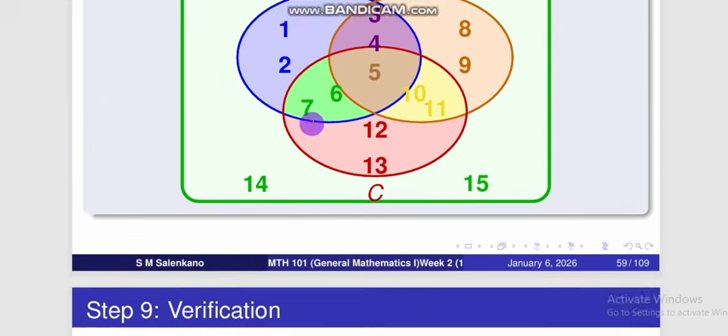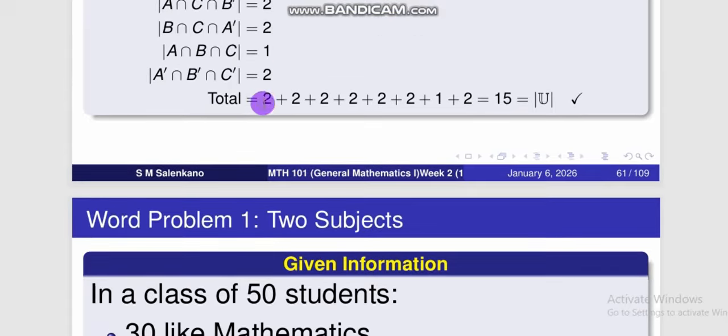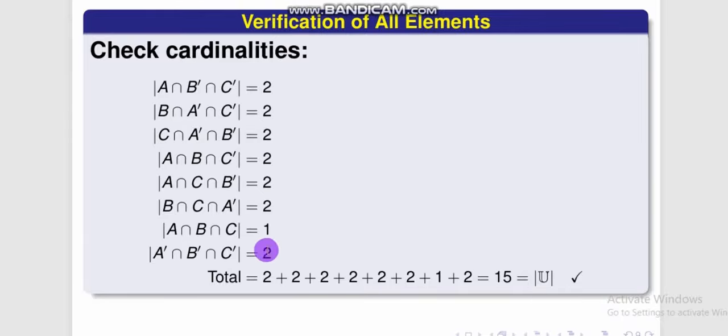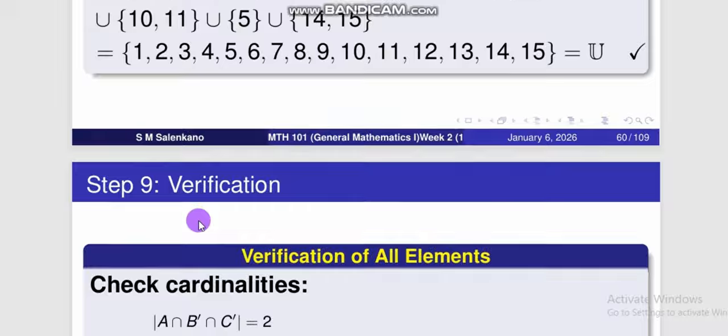Only 1 element belongs to all 3 of them. So if you add these cardinalities together, you are going to have 15, and that is the cardinality of the universal set, because it's a set of 15 elements from 1 to 15, right?